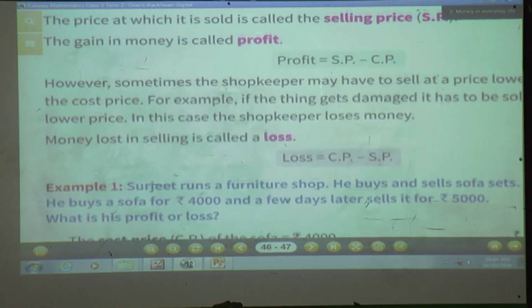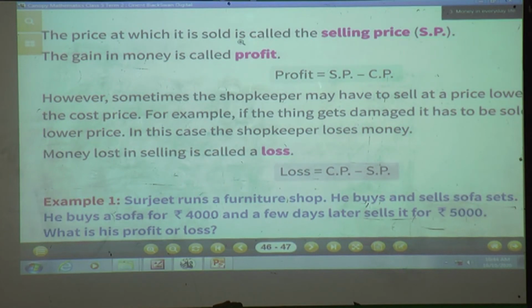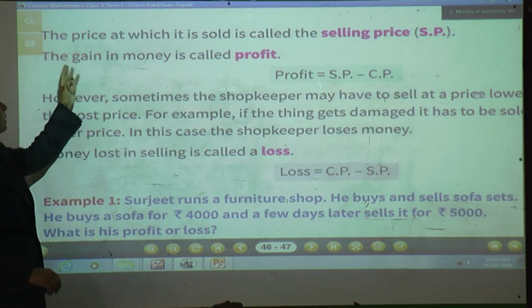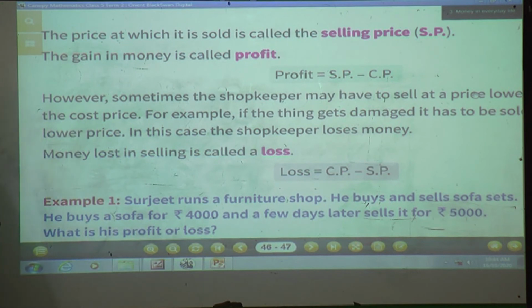The price at which it is sold is called the selling price. That means SP. The short form of selling price is SP. The gain in money is called profit.